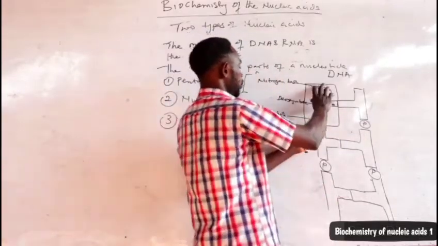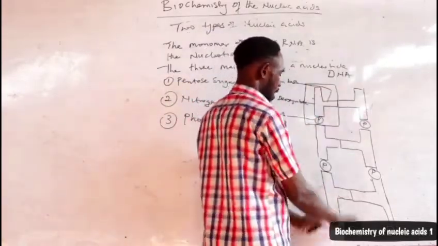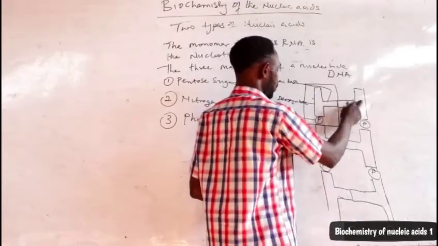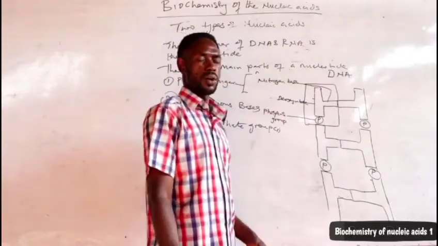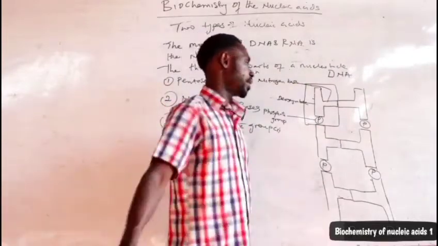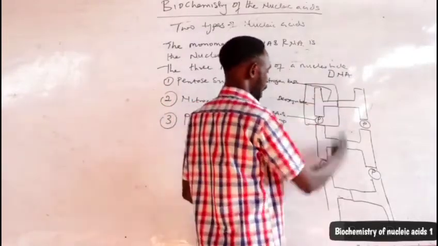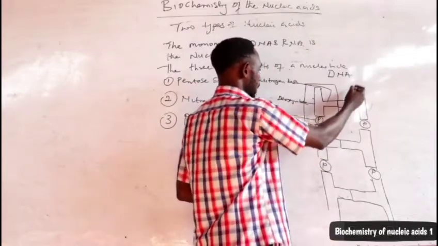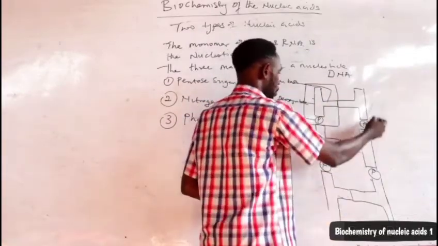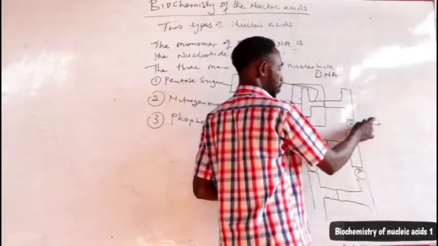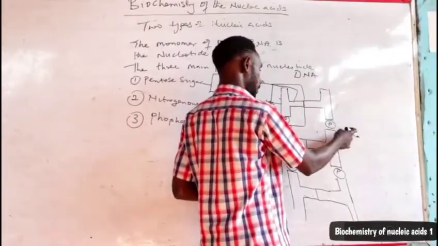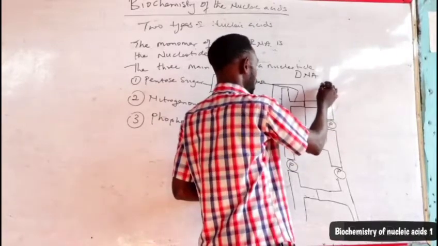If you join this unit several times, you now have DNA, because we have this unit 1, 2, 3, 4, 5, 6. So you have 6 nucleotides here, and that makes up the DNA. If it is RNA, you only have half. So this particular skeleton, the backbone, is what we call the phosphate sugar backbone, or sugar phosphate backbone.